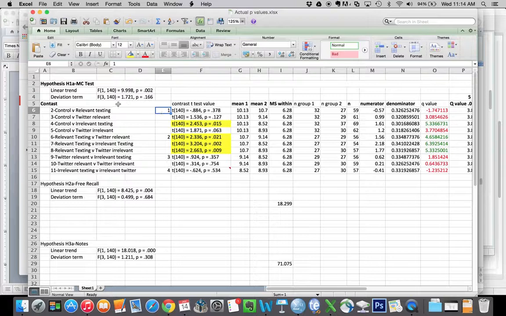When we posited the linear relationship of control group would do best, followed by relevant texting, that's what comparison 1 is doing. Then for comparison 2, relevant texting versus Twitter relevant, then Twitter relevant versus irrelevant texting, and then irrelevant texting versus irrelevant Twitter. Those would be the bare minimum comparisons we would do.